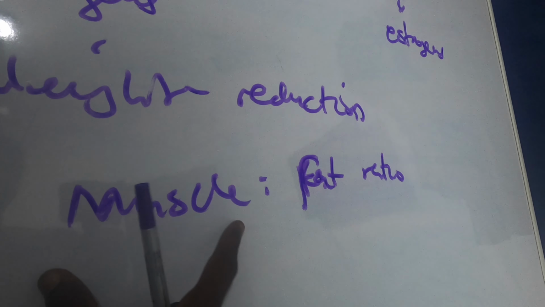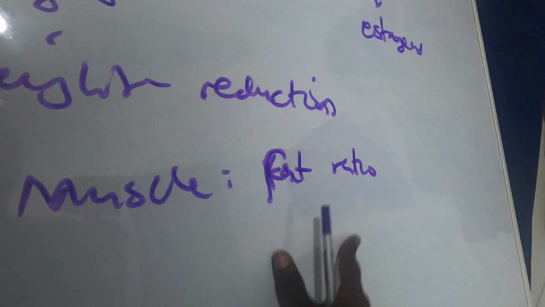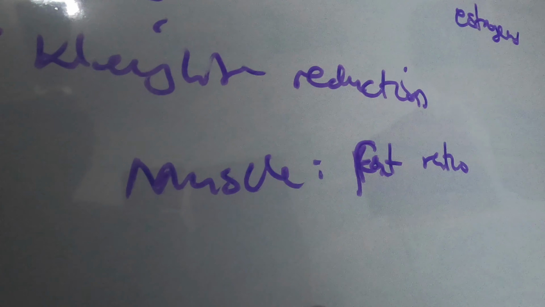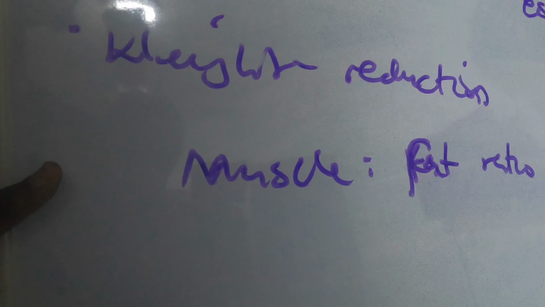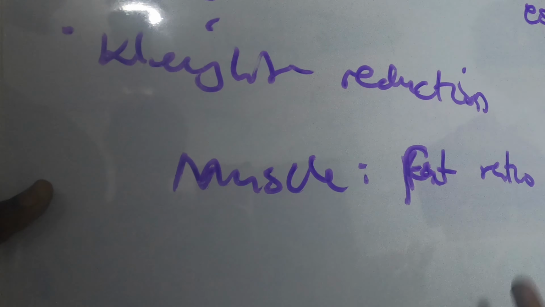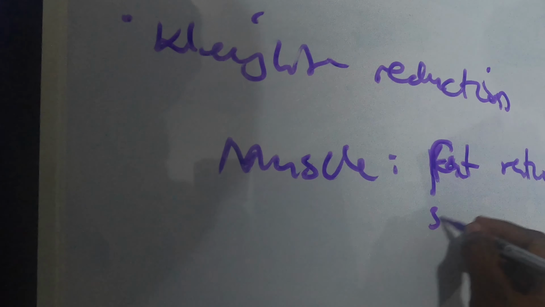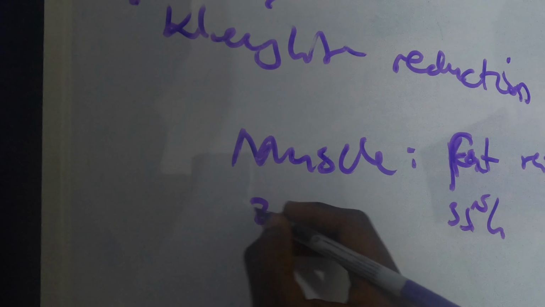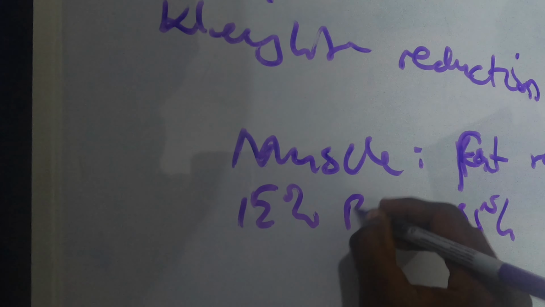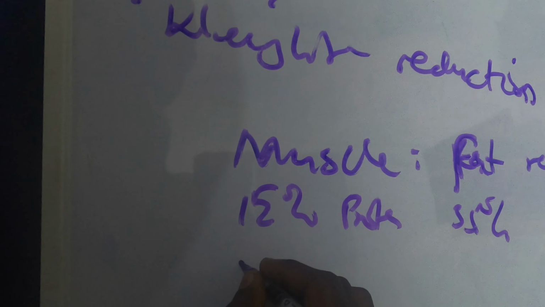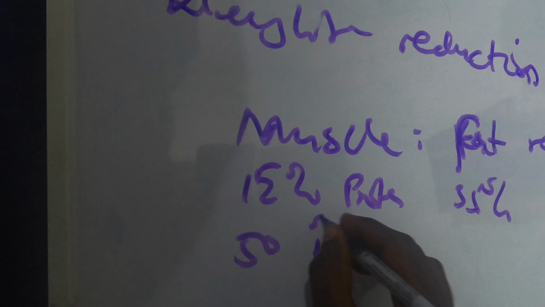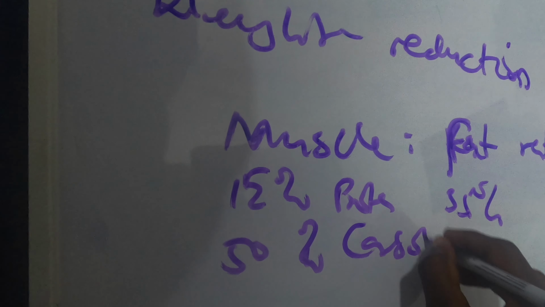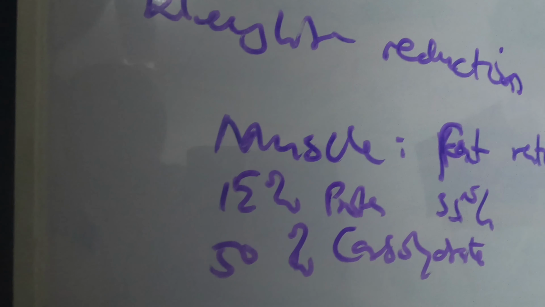So we have this muscle to fat ratio. Now, every muscle, especially the skeletal muscles, has a certain percentage of fat, which is about 35%, and it has about 15% of protein, and then it has about 50% of carbohydrates.